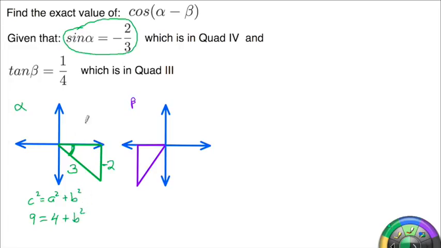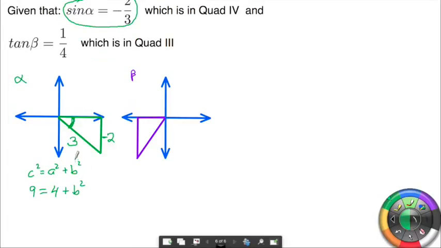So the unknown side here is this b side. So this is going to become 9 minus 4 is equal to b squared. Therefore, b is going to equal the square root of 5 after you subtract and square root both sides. Now it's plus or minus the square root of 5, but because it's going to the right, I'm just going to put in the square root of 5.